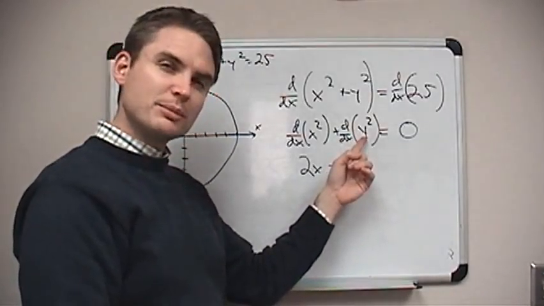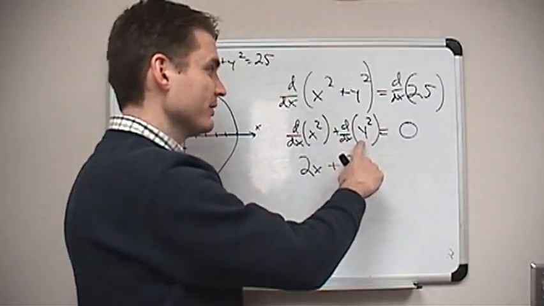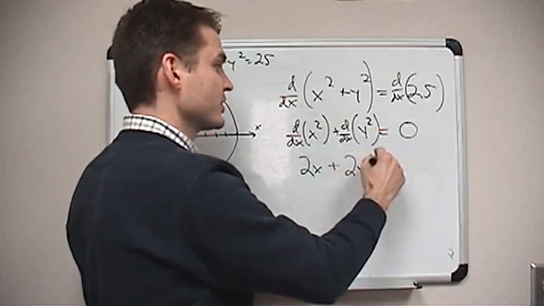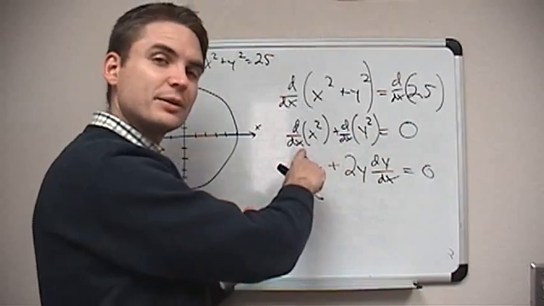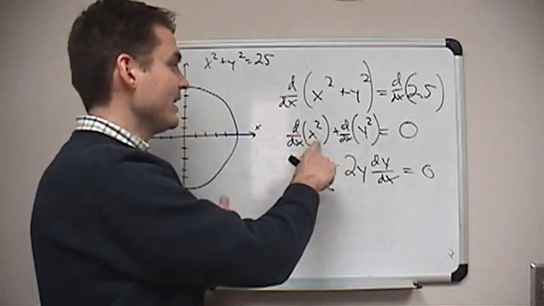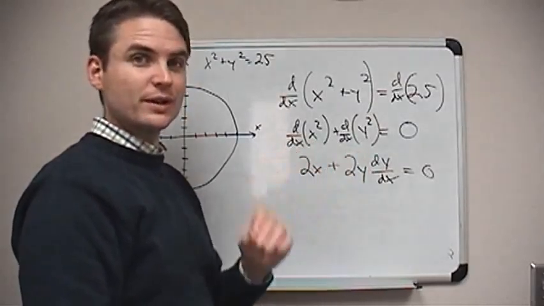But then we have to multiply by the derivative of y, right? We have to multiply by the derivative of the thing we were squaring. That's the generalized power rule. Now we didn't have to do that over here because we were taking the derivative with respect to x of x squared. That's the power rule. Here, though, it's the generalized power rule.